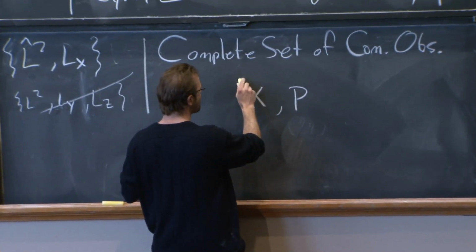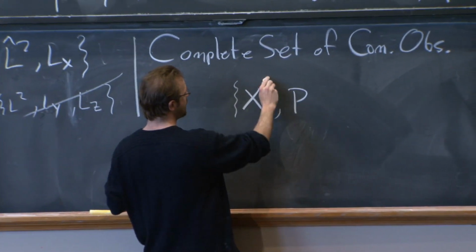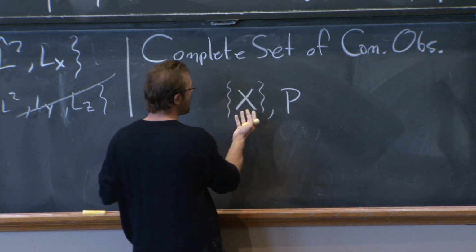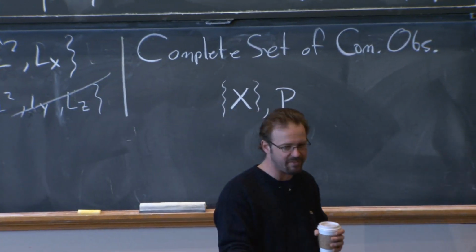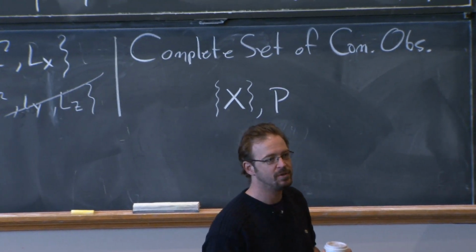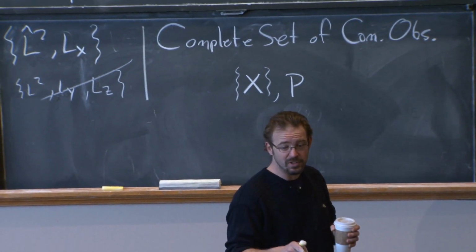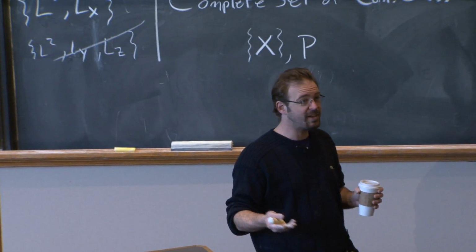Well, you have to have enough operators so that the eigenvalue specifies a state. So x, is that enough? If I take the operator x and I say, look, my system is in a state with an eigenvalue x naught of x, does that specify the state of the system? It tells you the particle is in a delta function state right here. Does that specify the state? Yeah, fantastic, it does.